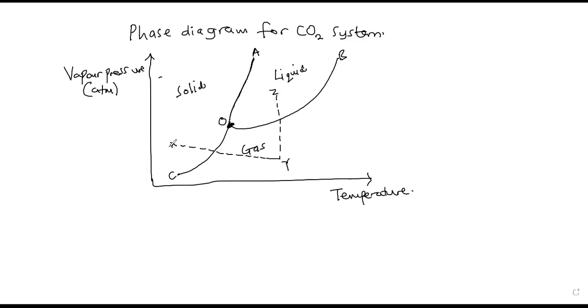So we are going to look at how this phase diagram differs from the one of water, and we are going to look at what these lines or curves represent. As I've told you, these two are different simply because of what we are going to look at.